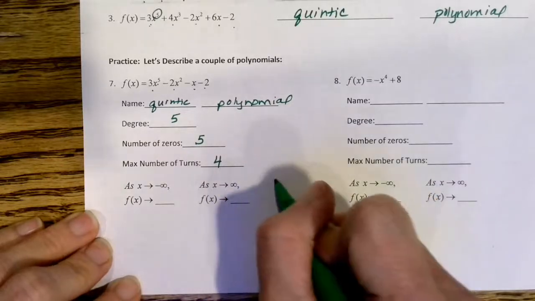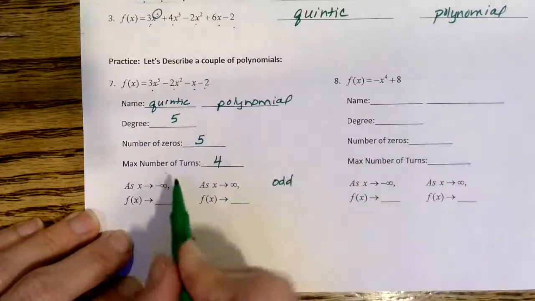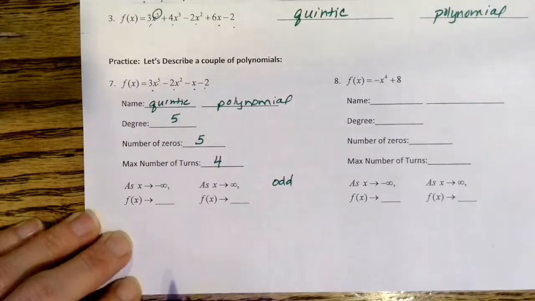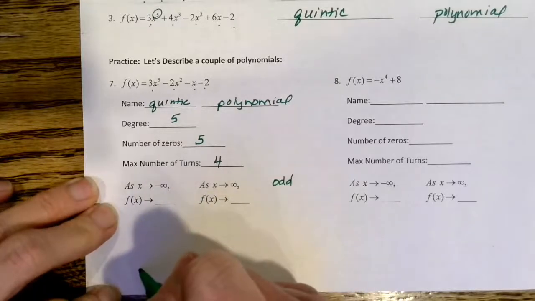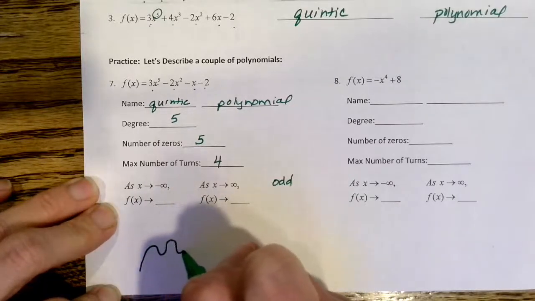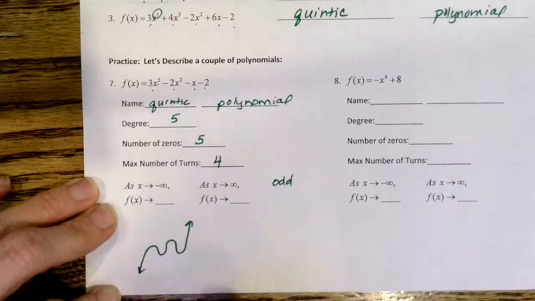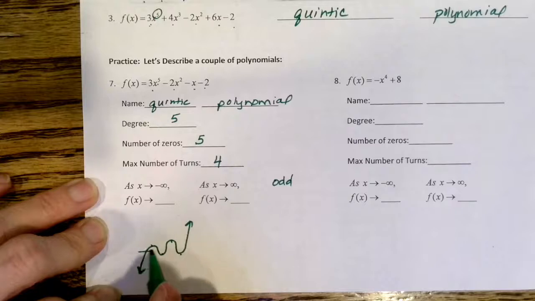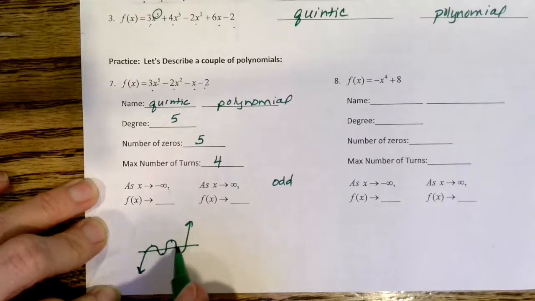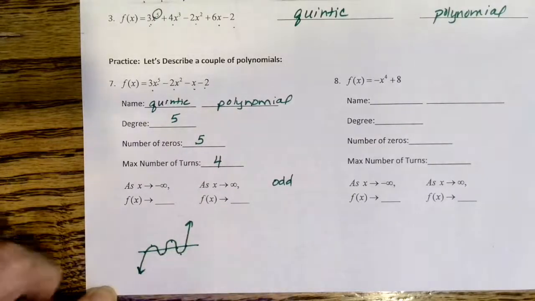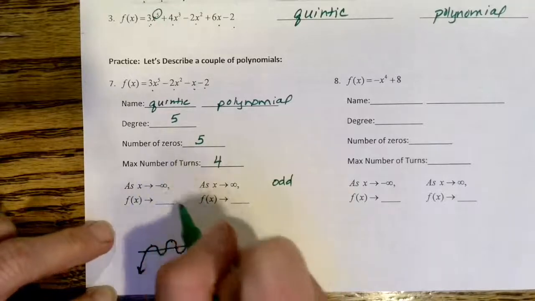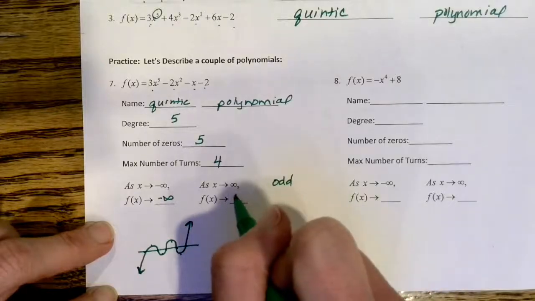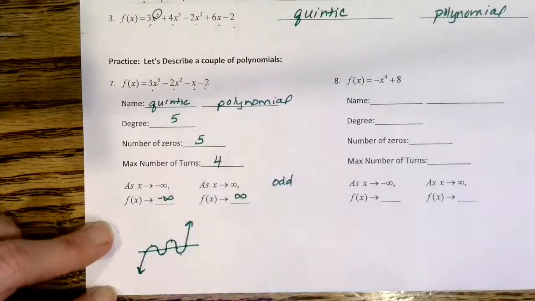Because it's an odd number, my graph is going to look like this. I have my 1, 2, 3, 4 turns, and my potential of 5 solutions. As x approaches negative infinity, so do my y's. As x approaches positive infinity, so do my y's.